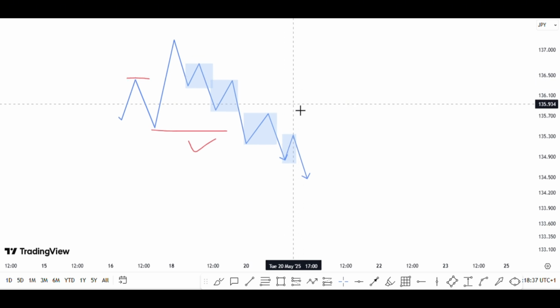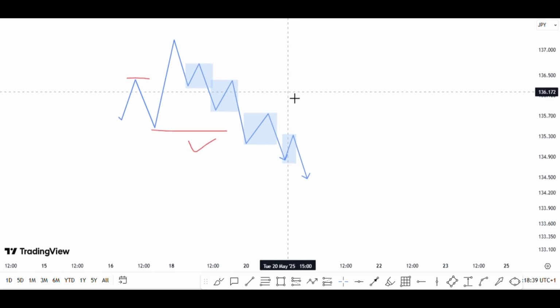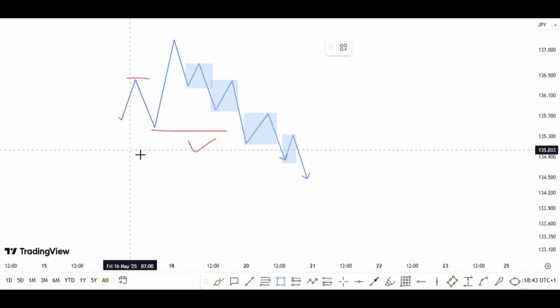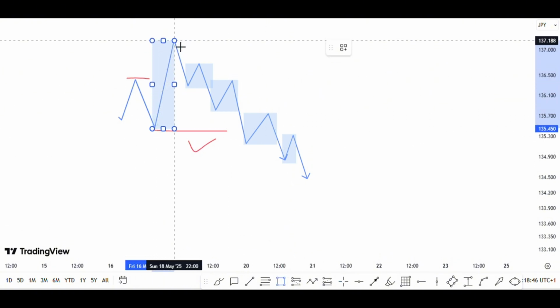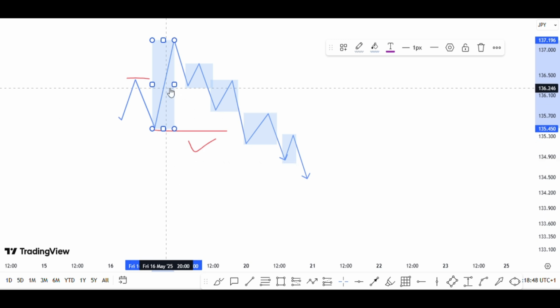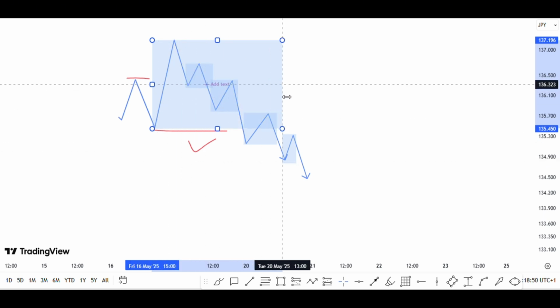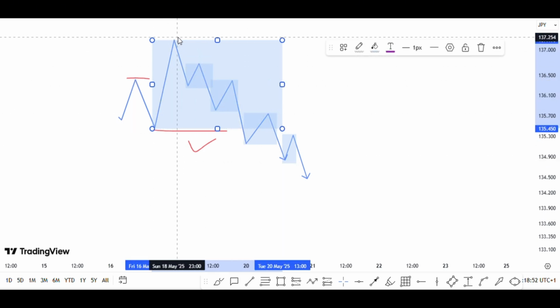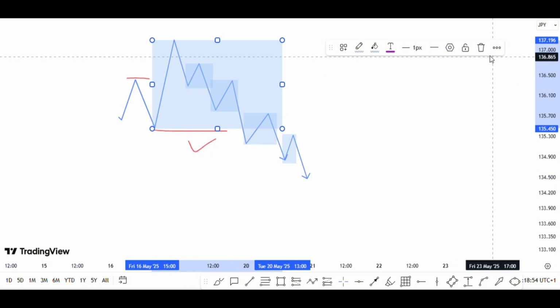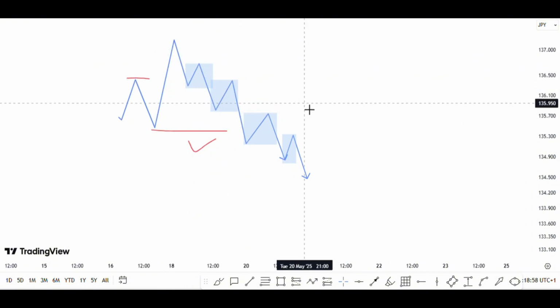So how are we going to pick our entry? This is the big order flow like this, because this is the last buying momentum, but the refinement of this big order flow is what we have here.